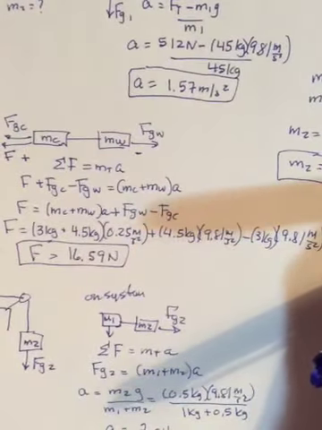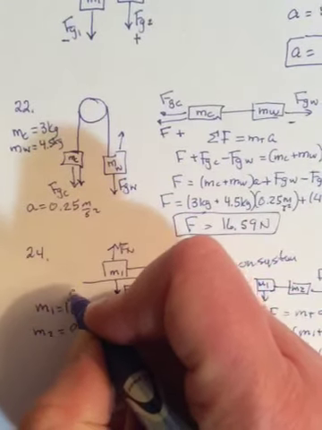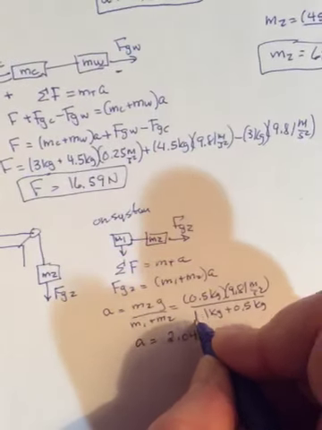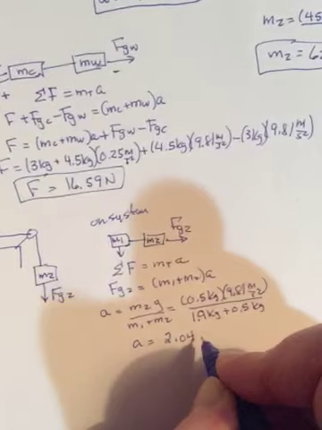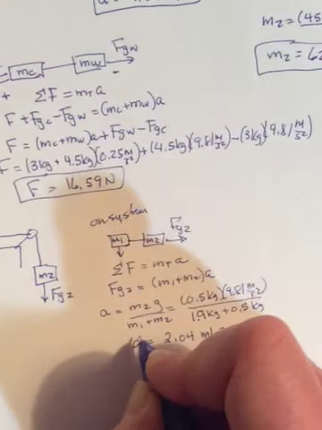Oh, and it's not 1, it's 1.9. Sorry, now that I can actually see better, this is 1.9, and this is 1.9, and now it really is 2.04 meters per second squared.